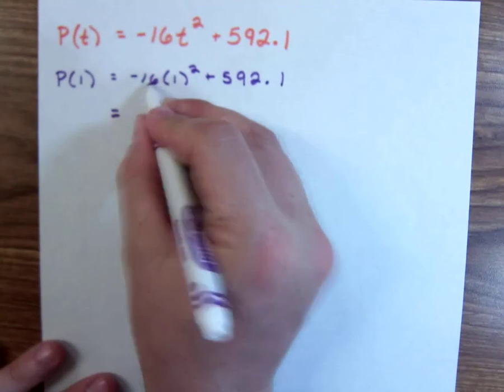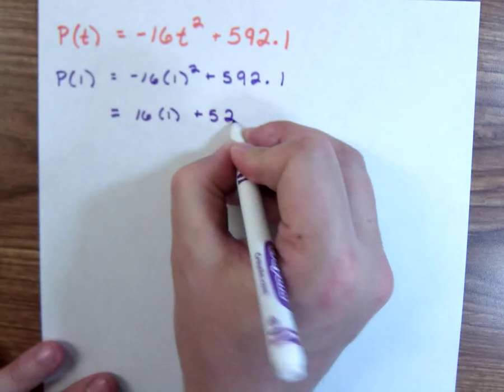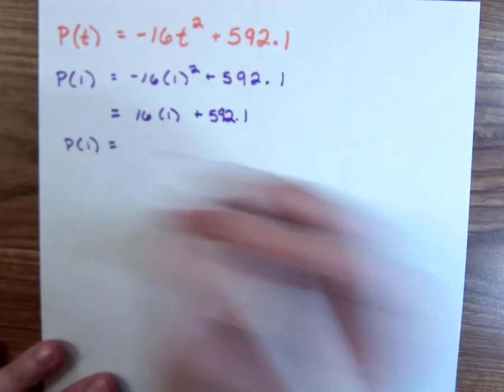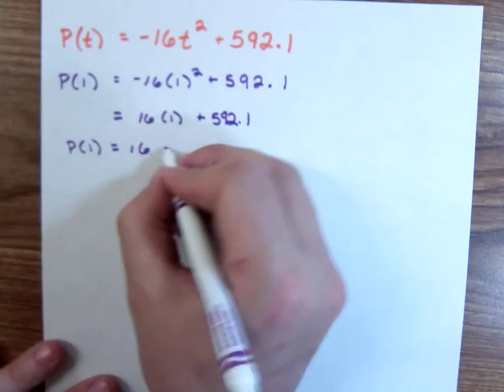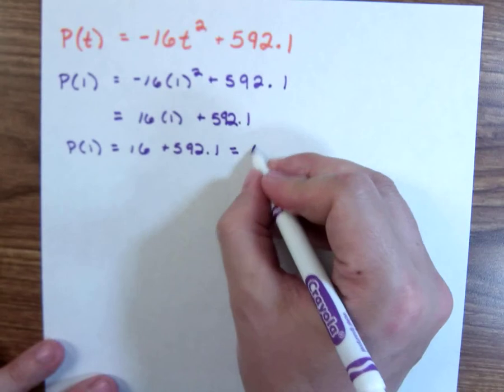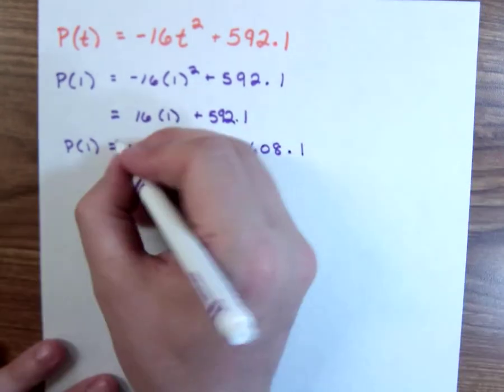So that'd be 16 times 1 plus 592.1. So P of 1 is 16 plus 592.1, which is 608.1. Oops, lost my negative.